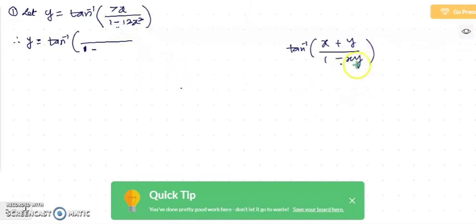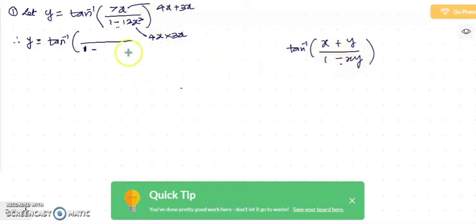So for x into y, this 12x square can be written as 4x into 3x, and this 7x can be written as 4x plus 3x. If you look at this expression, x plus y upon 1 minus xy fits here: 4x plus 3x, that is 7x, upon 1 minus 4x into 3x, that is 12x square.